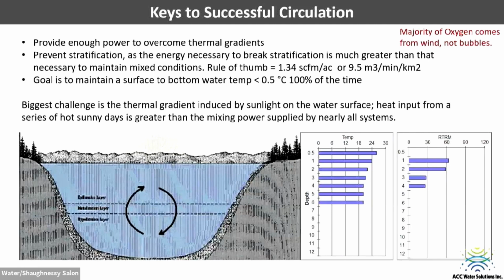If you are wondering whether your aeration is working successfully, just go with your temperature sensor. Measure the temperature 1 foot below your surface and measure the temperature 1 foot above your sediment. If the temperature difference is more than 0.5 degrees Celsius, basically it's an undersized aeration system. If you are not maintaining the temperature homogenized, then it's not working.